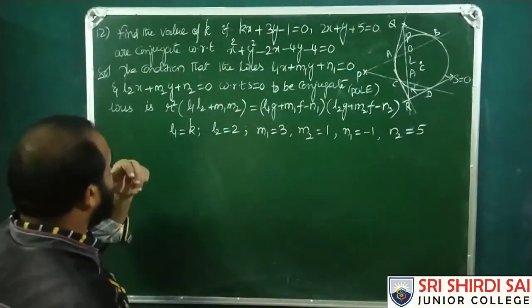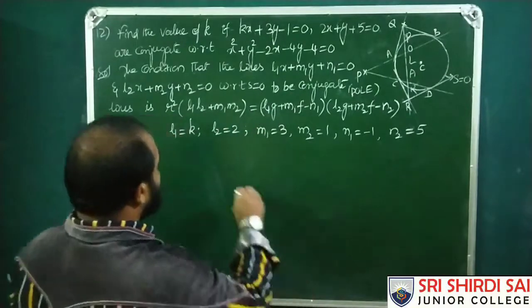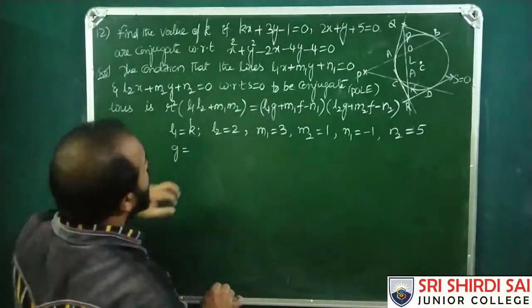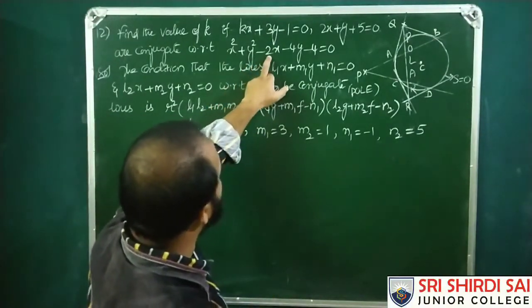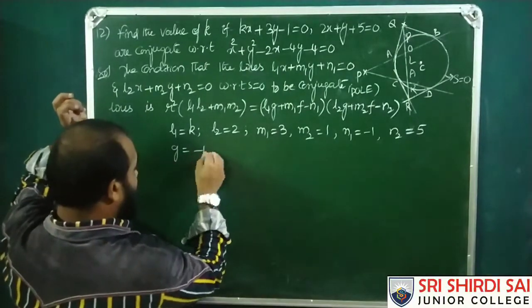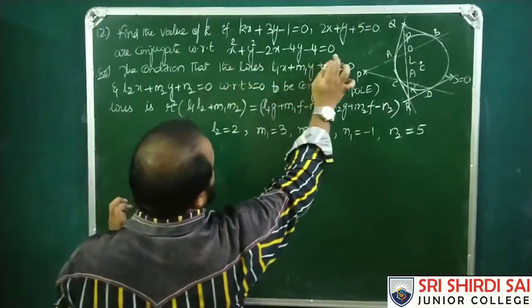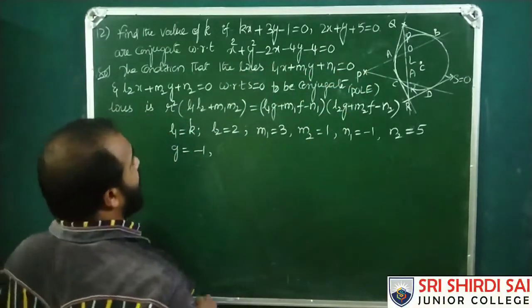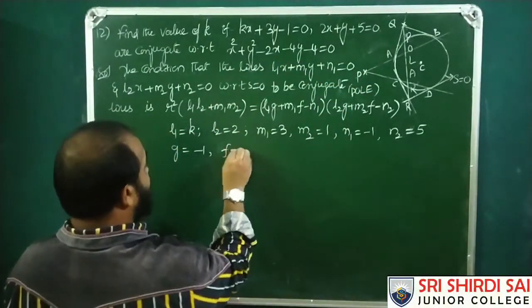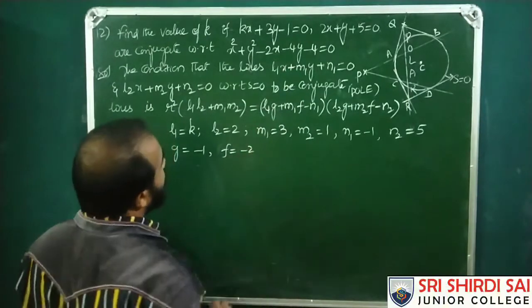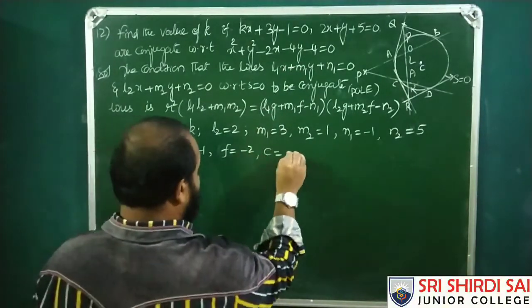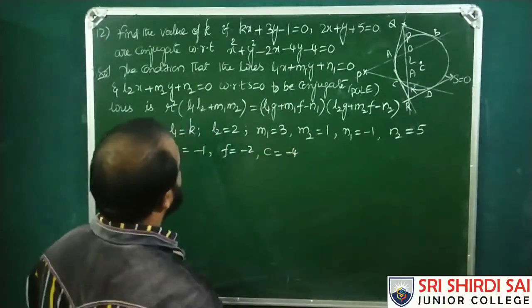So, G: 2g equals to minus 2, g equals to minus 1. 2f is equals to minus 4. So this could be compared with the general equation of a circle: f equals to minus 2 and c is equals to minus 4.